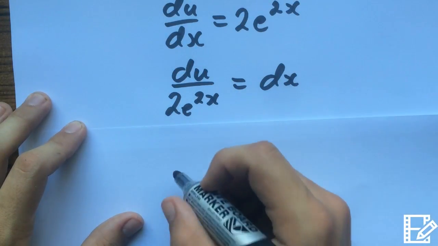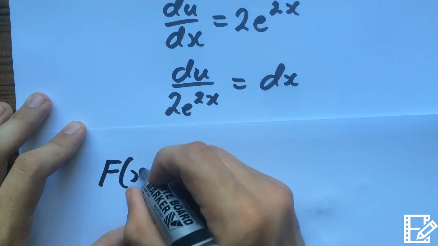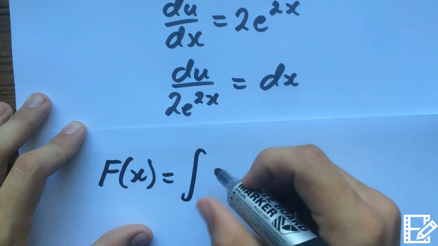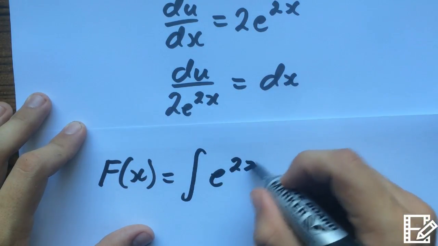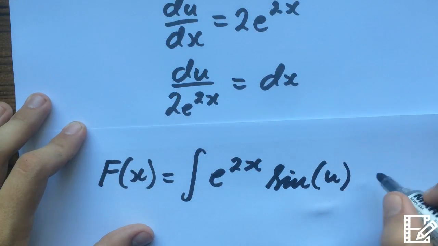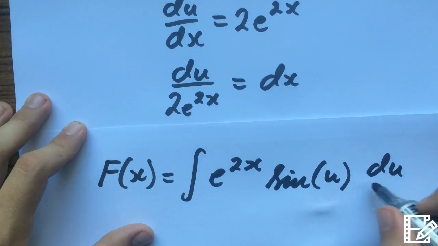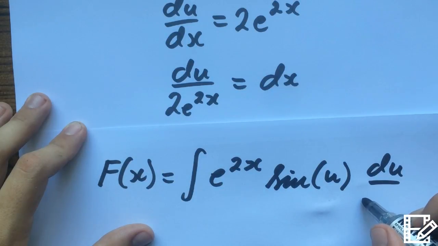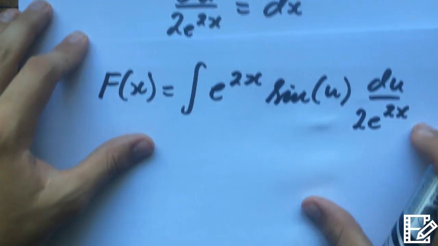So we'll sub it in. We've got the integral of e to the power of 2x sine u du over 2e to the power of 2x.